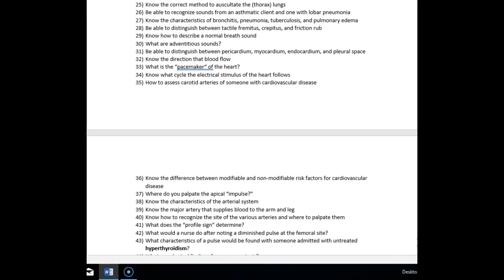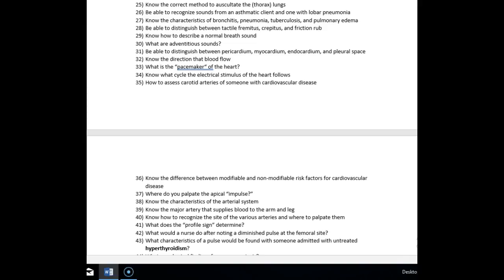Know how to describe a normal breath sound. I already told y'all that. And what are adventitious sounds? Wheezing, crackles, rhonchi, anything that's not resonance is adventitious, so it's abnormal.